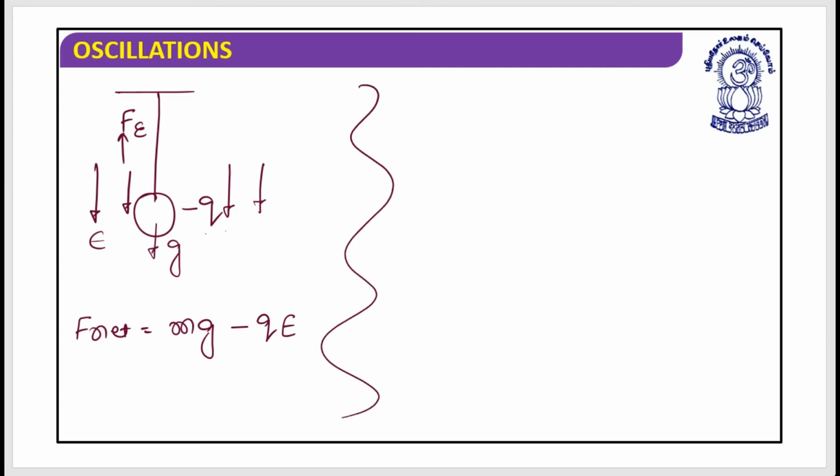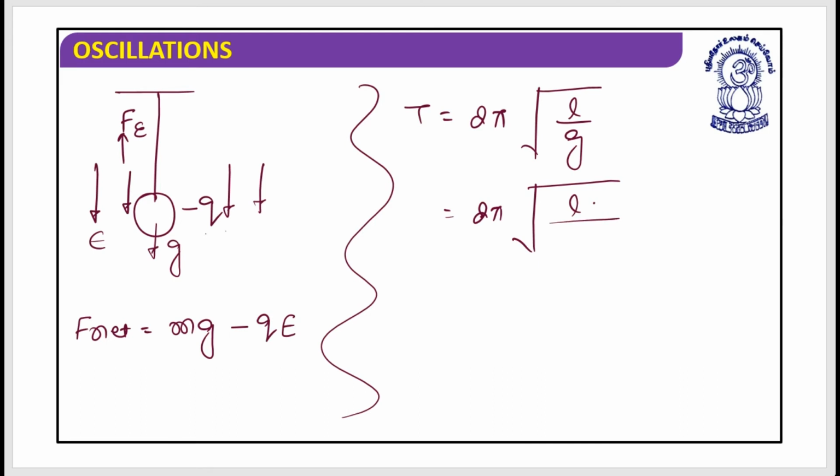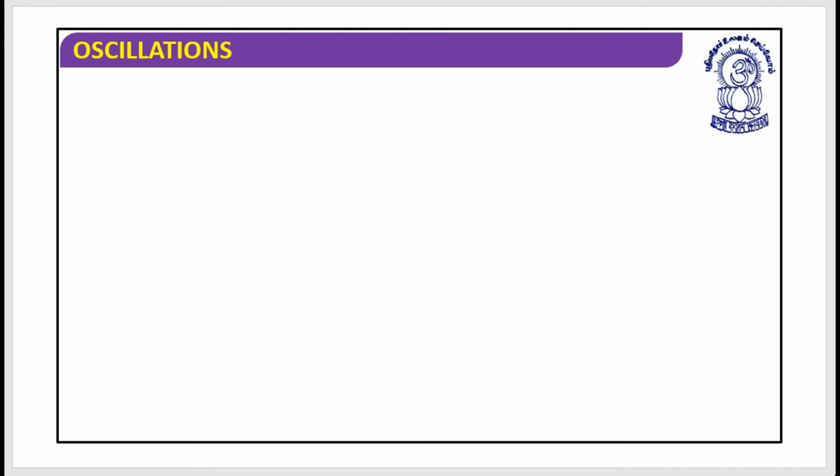So the time period T could be written as 2 pi root of L by g, which will give L divided by g minus qE divided by m. I hope this is clear. Is it clear? Do you have any doubts? No? Great.